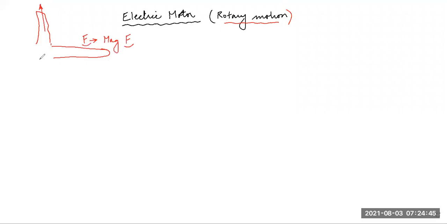And your middle finger is stretched in such a way that your thumb is showing the direction of motion. The direction of motion means the direction of force. This is the direction in which the force is being applied.